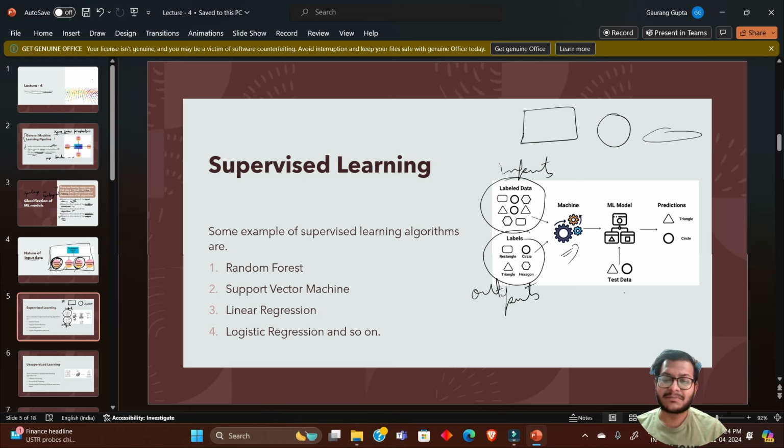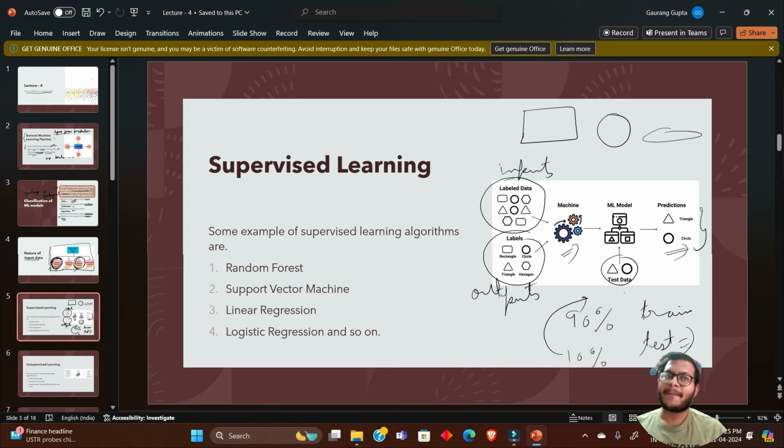For example, let's suppose you gave 90% of the data as training data, and the remaining 10% you reserved so that you can test the model also. When you have trained your machine learning model, you start testing it and you have the predictions. What happens in supervised learning is that you have labels for this test data.